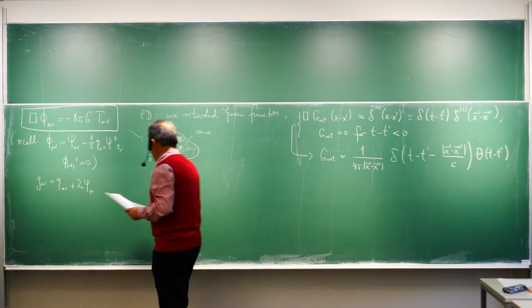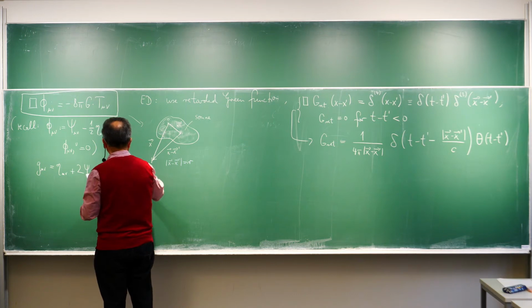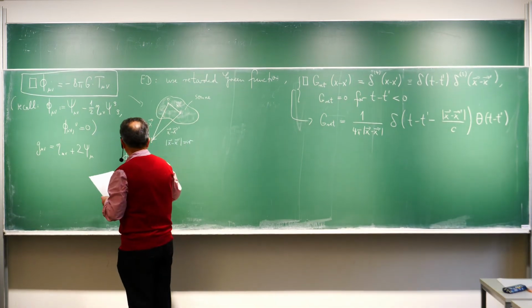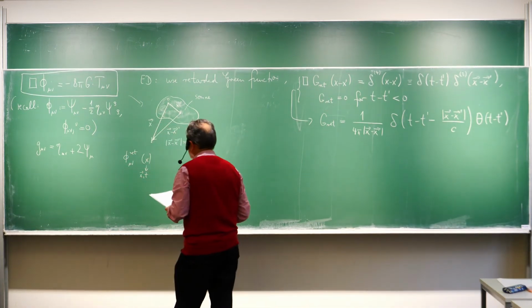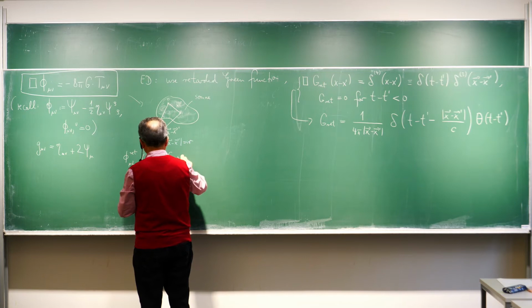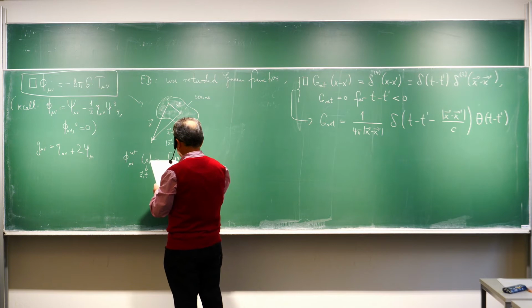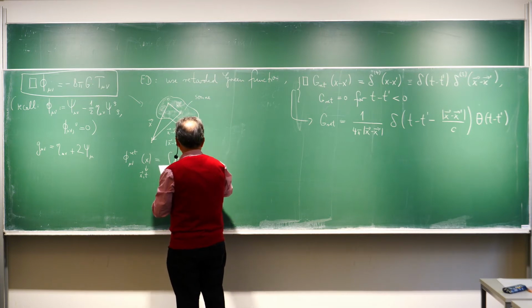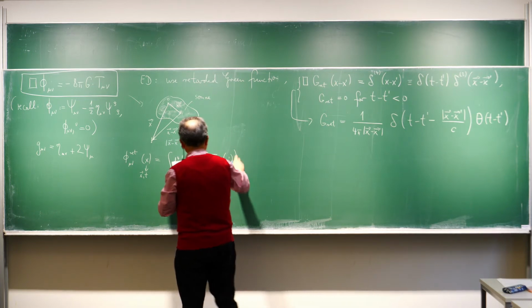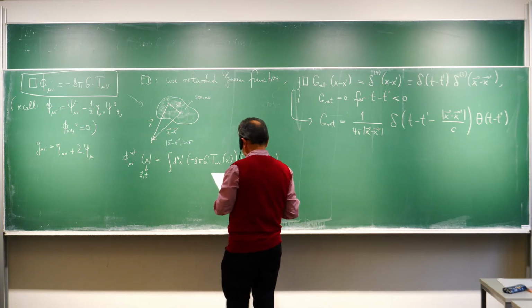So the formal solution of that is that phi mu nu retarded of x, and x means, of course, x and t, x vector and t, is then the integral d4x prime around the region of the source of minus 8 pi G T mu nu of x prime times G retarded of x minus x prime.